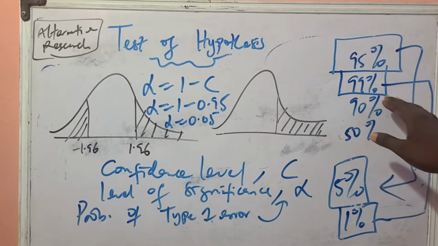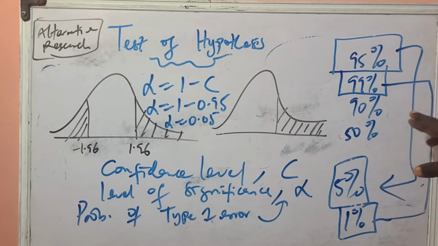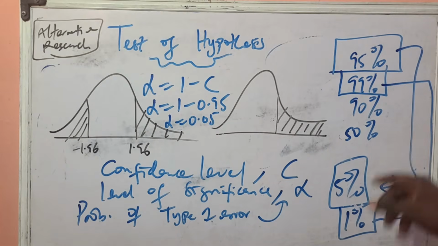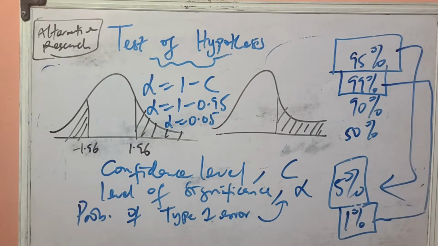So if I said 90% confidence level, that means I'm saying there's a 10% chance that the result you got was accidental, that there was no true relationship between the things you compare, the groups you compare, the samples you took. That means there's a 10% chance that it was by chance.